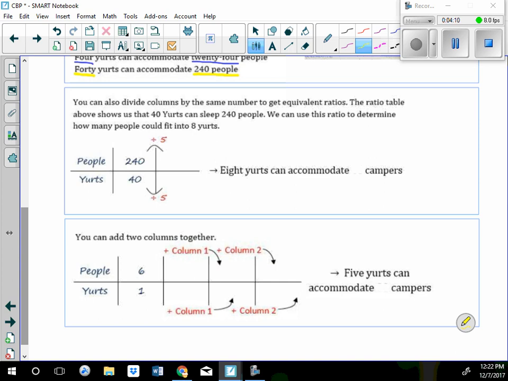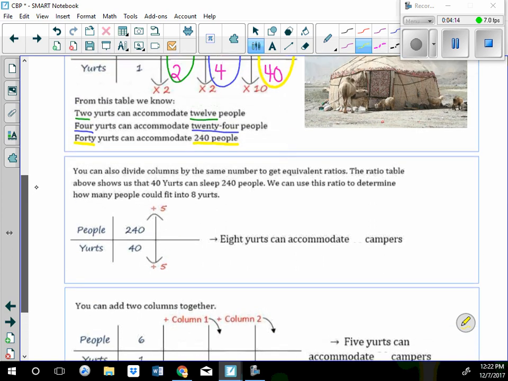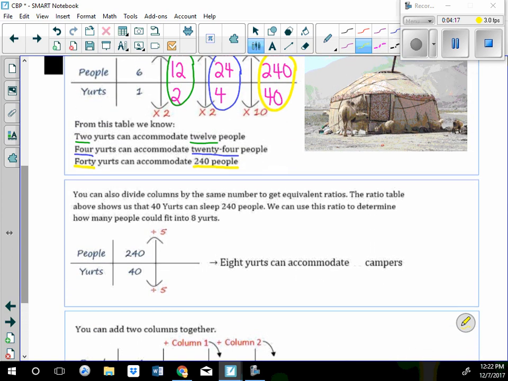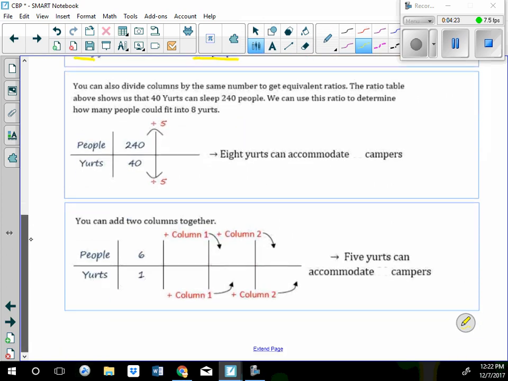Now from the previous table, we knew that 40 yurts can hold 240 people. Okay, now I'm going to scale down. And in this situation, it says you can also divide columns by the same number to get equivalent ratios.